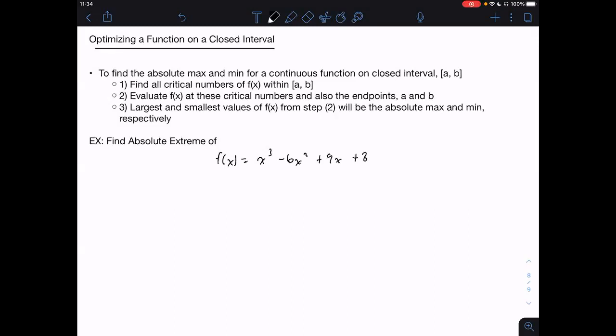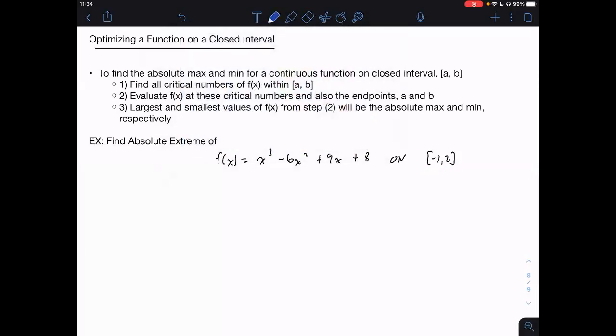Here we have a continuous polynomial function that is defined on all real numbers, so the domain is negative infinity to positive infinity. But we want to find the absolute minimum and maximum points of this function on the closed interval from -1 to 2. So this is the interval that we're focusing on, not the entire graph, but just this piece of it, where x is from -1 to 2.